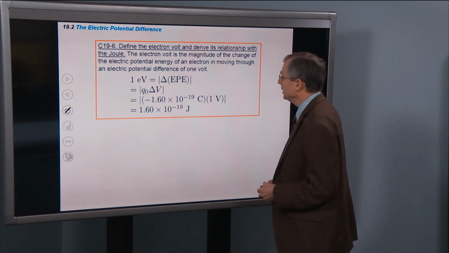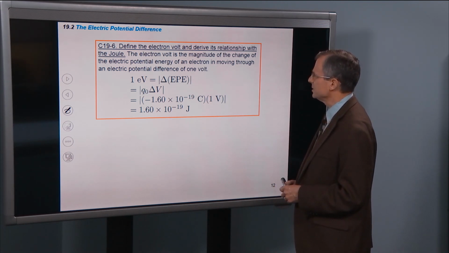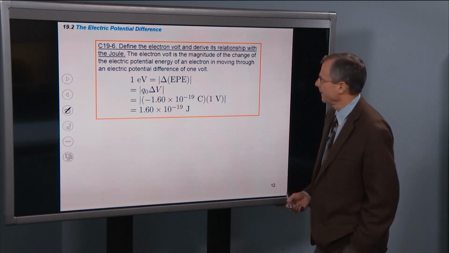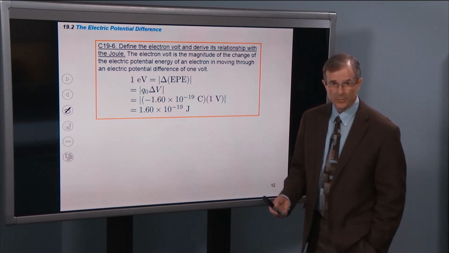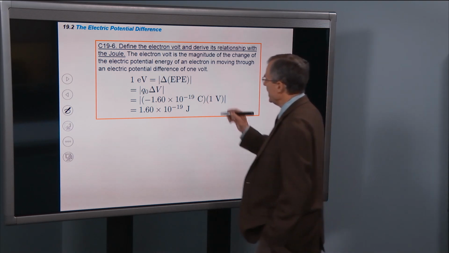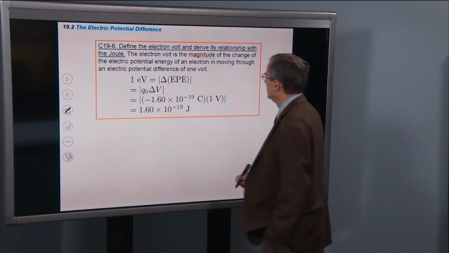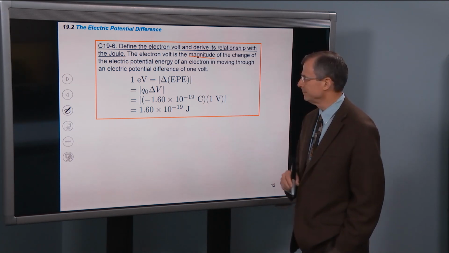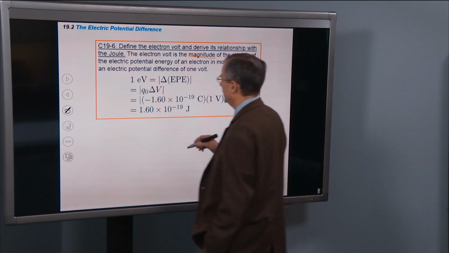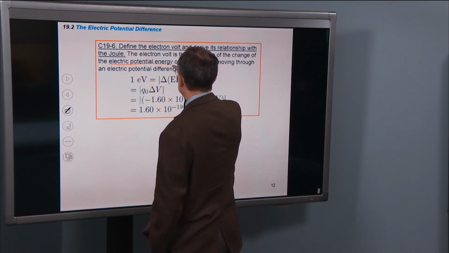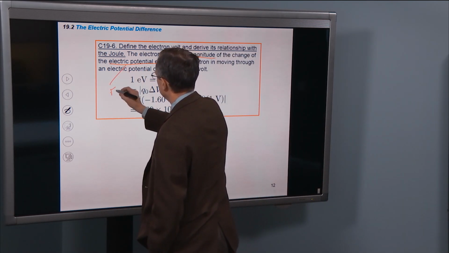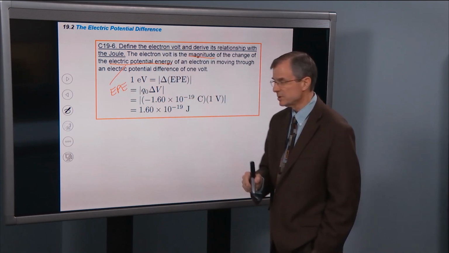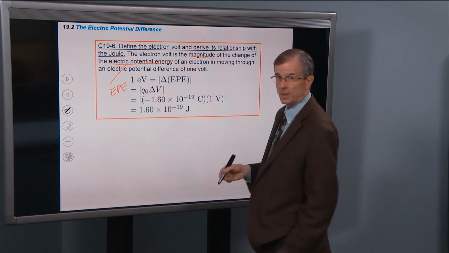Let's define the electron volt and derive its relationship with the joule. The electron volt, here's a definition. It's a little bit of a mouthful. It's the magnitude, meaning the absolute value, of the change in the electric potential energy, EPE, has the word energy on the end, so you know it means joules, of an electron.